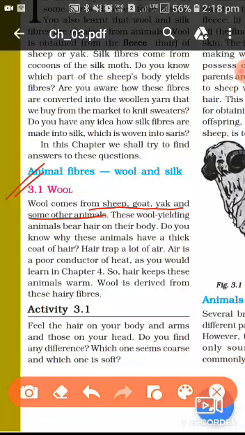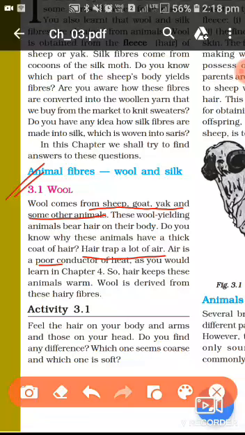Do you know why these animals have a thick coat of hair? Here is the next question: why do these animals have such a large amount of hair on their body? The answer is that hair traps a lot of air. Air is a poor conductor of heat, as you will learn in chapter 4.